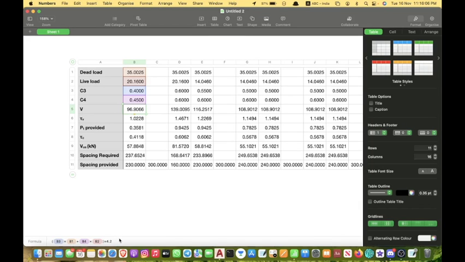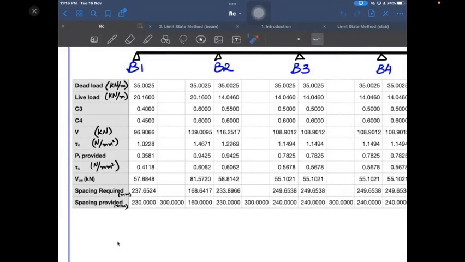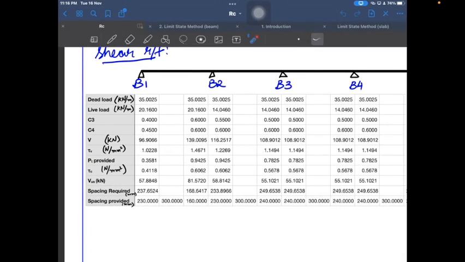V equals C3 into B1 plus C4 into B2, into L effective. So C3 is for the dead load and C4 is for the live load. So I hope the calculation of V is clear.